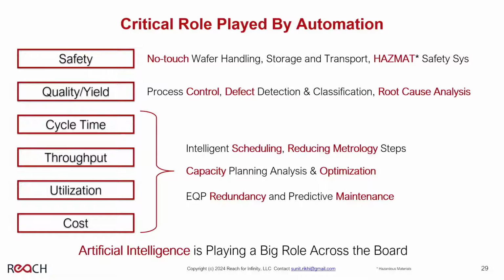There's a lot of optimization, there's a lot of intelligence, and in the last 20 years, I must say, artificial intelligence is playing a big role. Just take a look at defect detection.